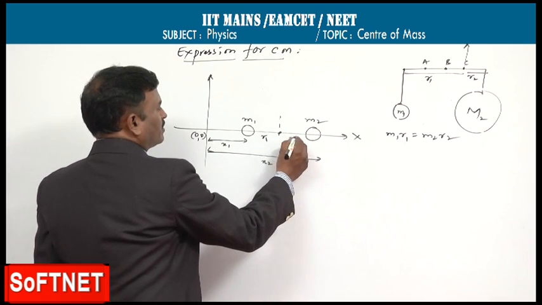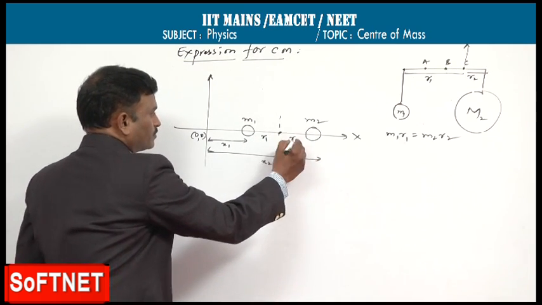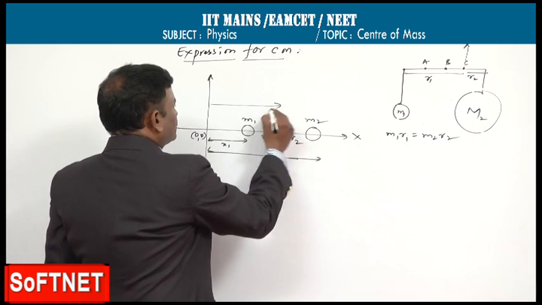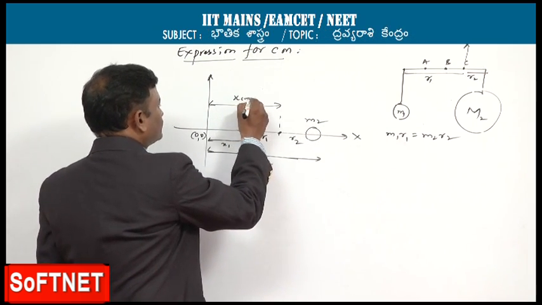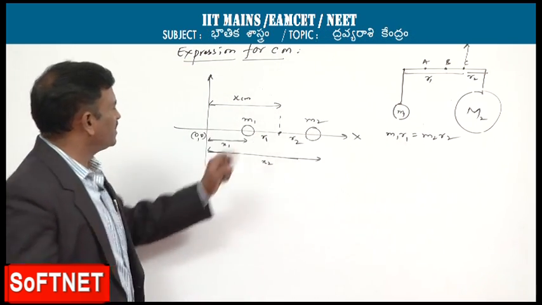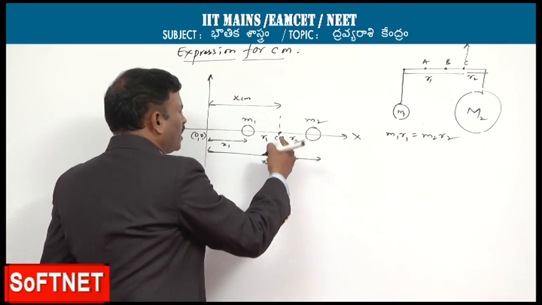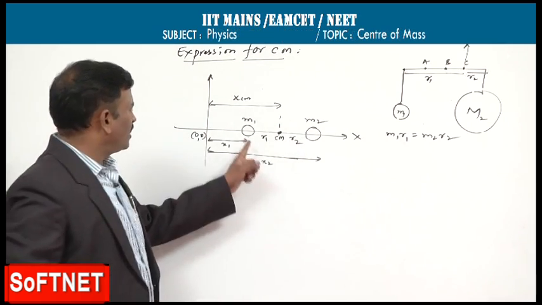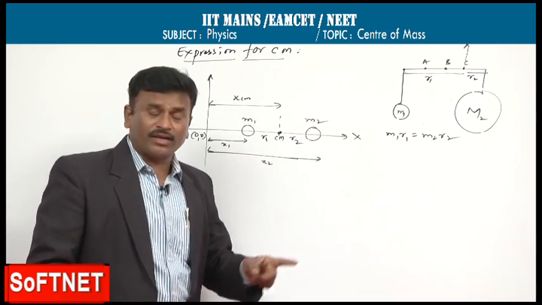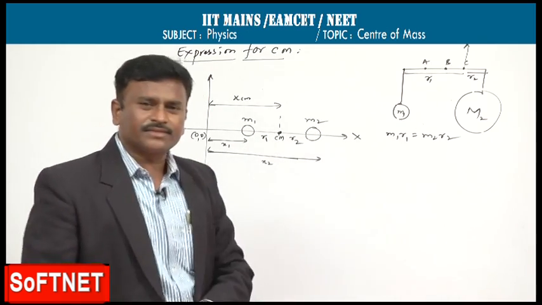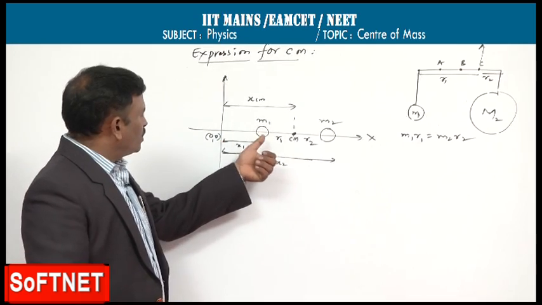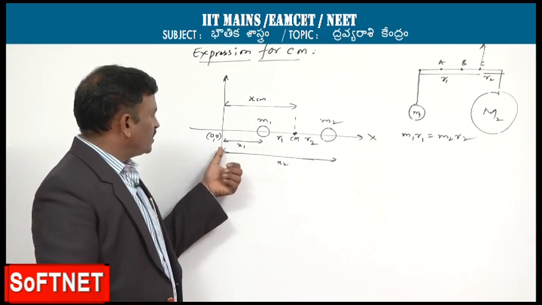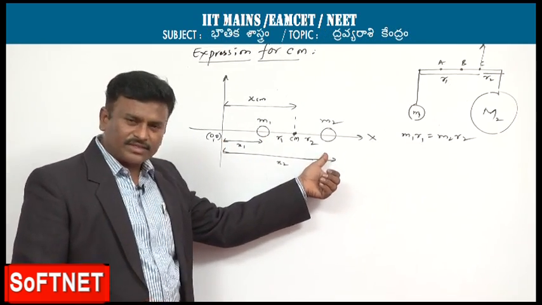It is R1, this is R2. Now it is XCM, the position of the center of mass. I am assuming the center of mass is here in between them. It is not exactly the midpoint, because these two are different masses. So we are assuming M1 at x1 distance, M2 at x2 distance.